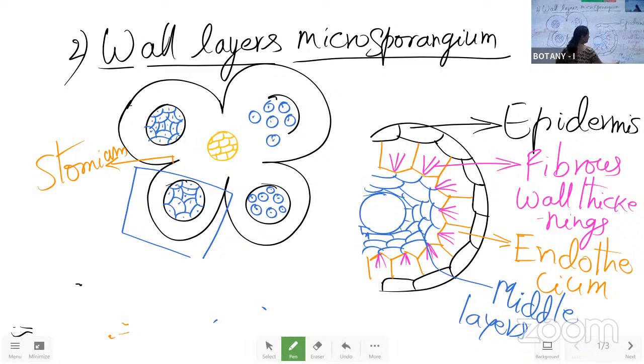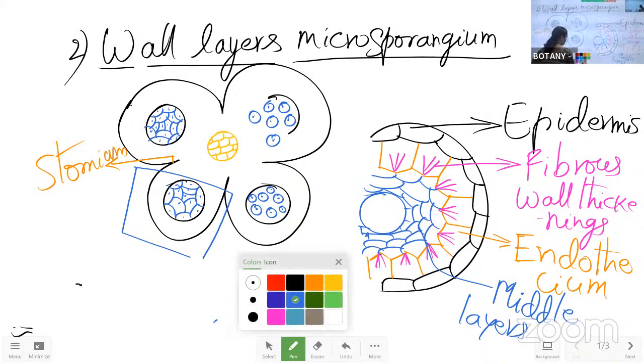Okay, so the middle layers are present. What is the use of the middle layers? Middle layers are meant to give the specific shape and the nutrients for the further growth of the microspores in the microsporangium. Okay, and once the microsporangium starts its growth, these middle layers will disintegrate and become a powder-like structure. That is the main function of the middle layers.